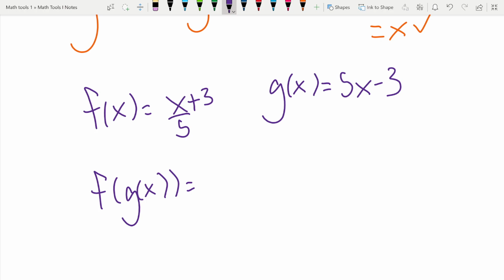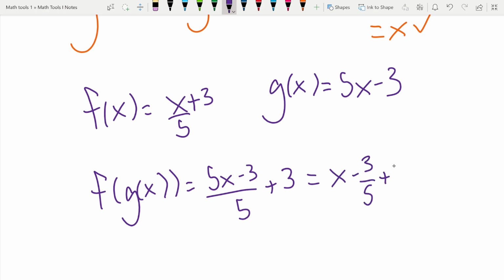So we're going to get 5x minus 3 over 5 plus 3. So this is going to be 5x over 5, which is x, minus 3 over 5 plus 3. We don't need to actually do the addition here. We can already see that this isn't going to be x, so these aren't inverses of each other.